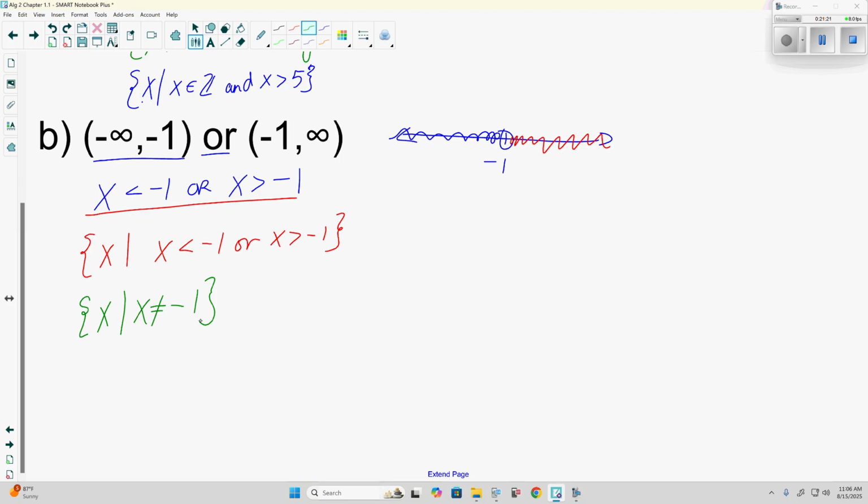Both of those are true. Both of those are the same statement. Because if we don't see that, we can have that x is not equal to negative 1, and if we write the inequalities, that is right too. Both of these are right. You don't have to have both, you just need one of them. Questions on this here?